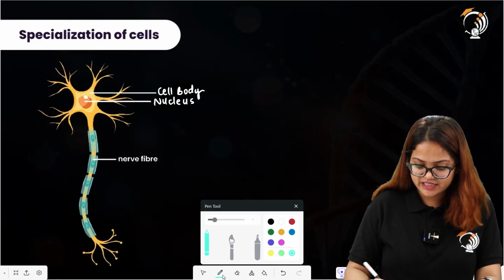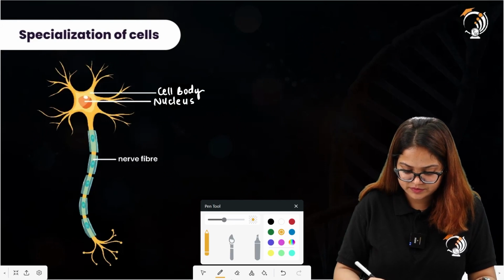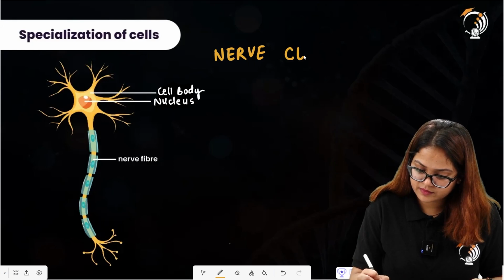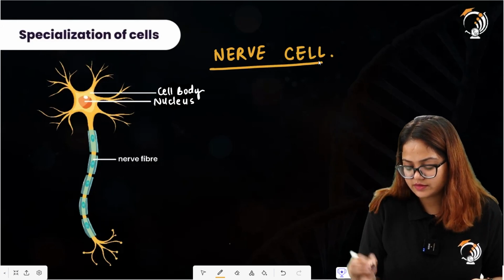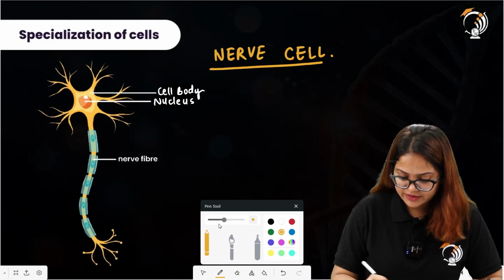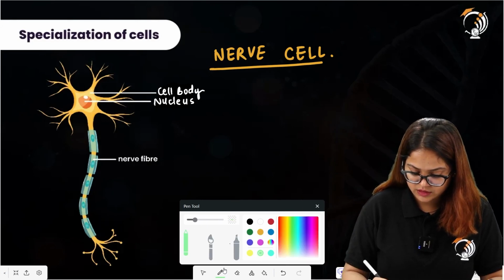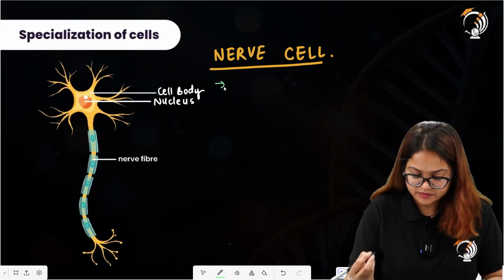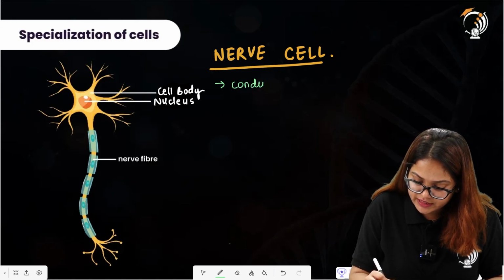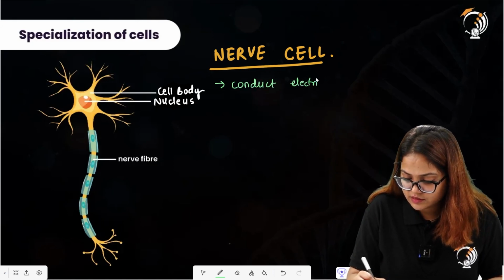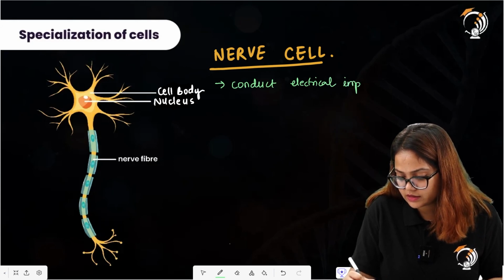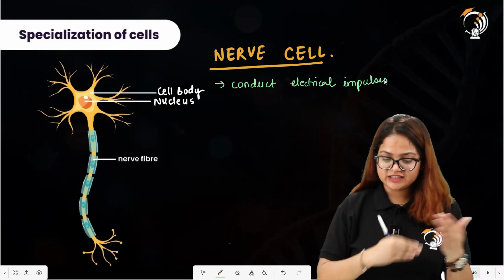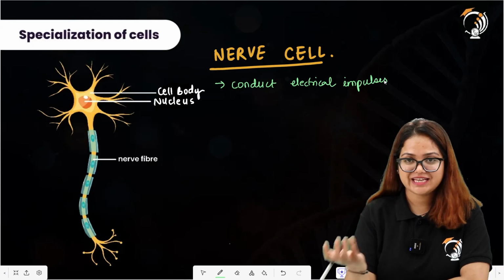Then we have another cell here, that is the nerve cell. All right. So nerve cells are able to conduct electrical impulses along the fiber to and from the brain and spinal cord.